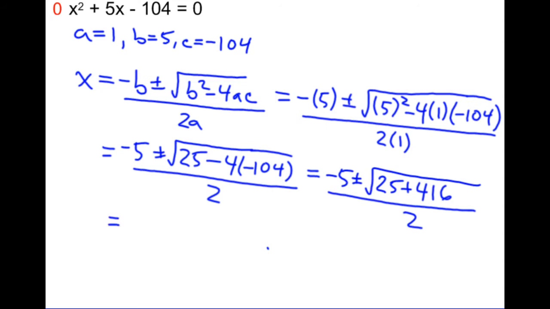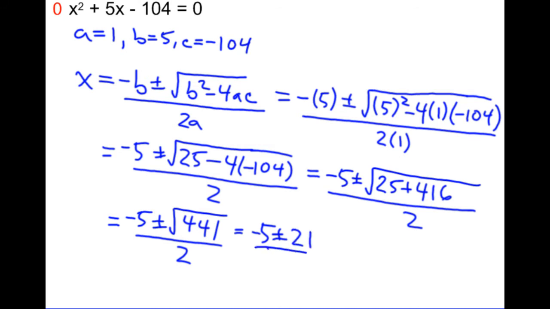Continuing my simplification, I have negative 5 plus or minus the square root of 25 plus 416 is 441, all over 2. And this is negative 5 plus or minus the square root of 441. 441 is a perfect square, and it turns out that is 21 squared.